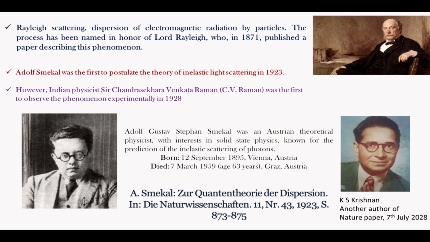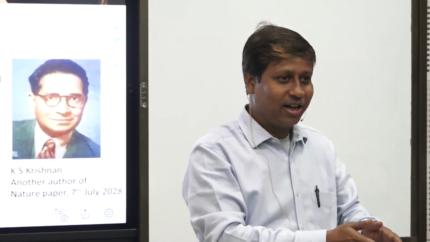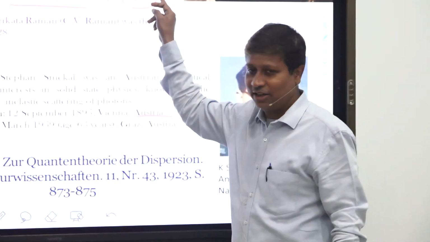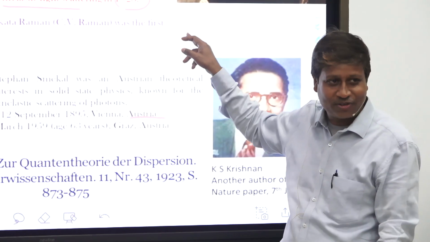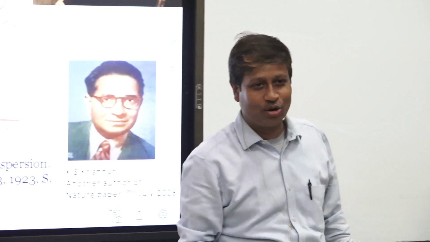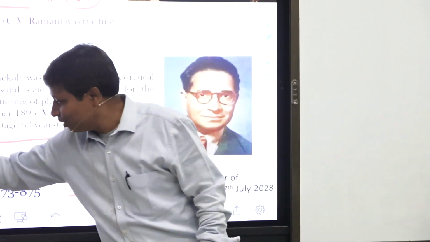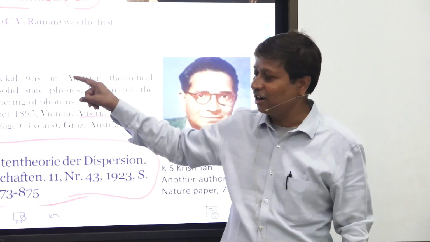He had already said that there would be inelastic light scattering, meaning loss of energy. But the only difference is that he did not get the Nobel Prize. After 5 years, Raman said the same thing, and he got the Nobel Prize. What is the difference? The difference is that Smekal said it theoretically. This is the paper. And Raman has done it.